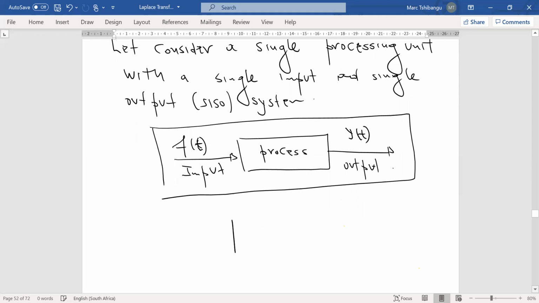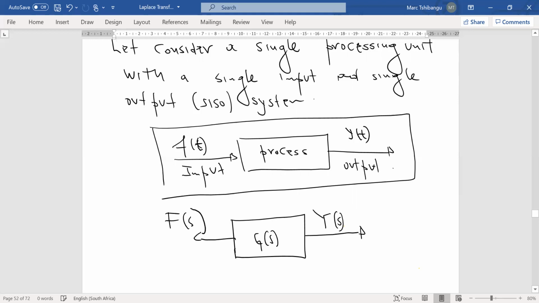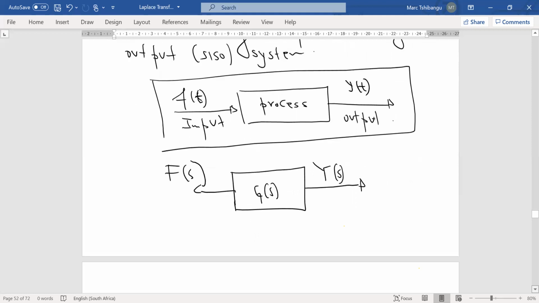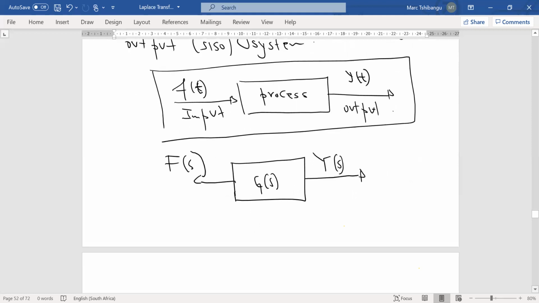Instead of the process in the middle, we have a transfer function, denoted by G of s, the output is Y of s, and the input is F of s. This is the presentation of a transfer function, done as a block diagram. Transfer function in the s domain, process model in the t domain. Please take note.